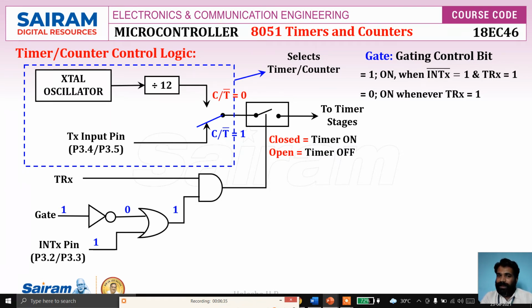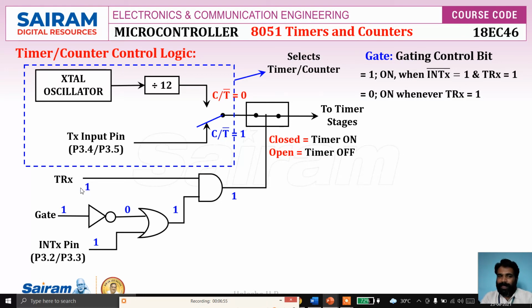Again, the output of the AND gate depends on the other input. Here one input to the AND gate is 1. If the other input, that is TRX, is 1, the output of the AND gate is 1. The switch is closed. Timer is on.